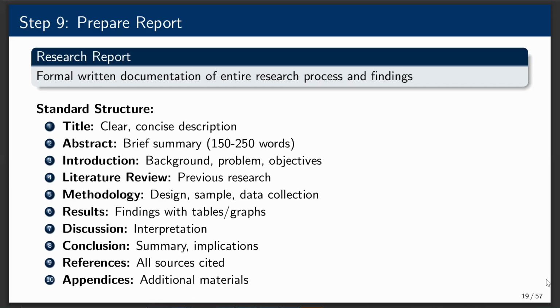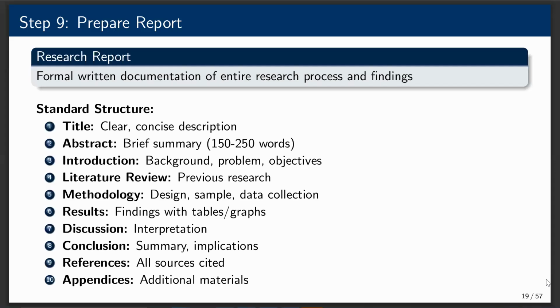So next is methodology, where you can design the research design, sample or data collection, and the results are basically findings with tables and graphs. Then discussion, the interpretation, then conclusion is basically summary and implications.